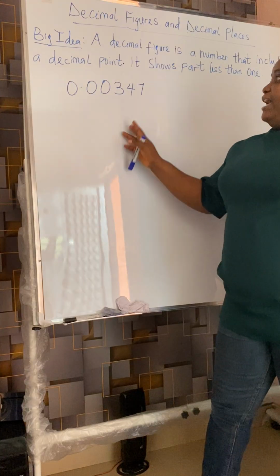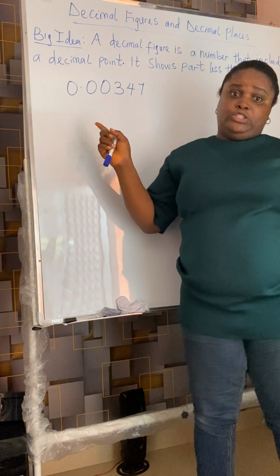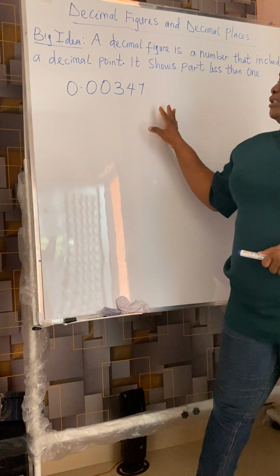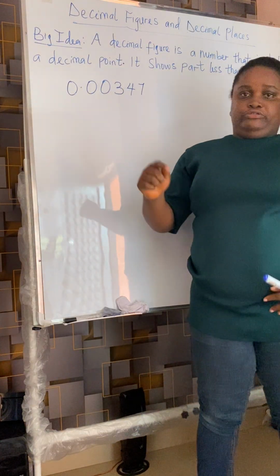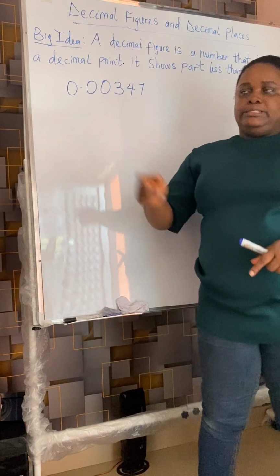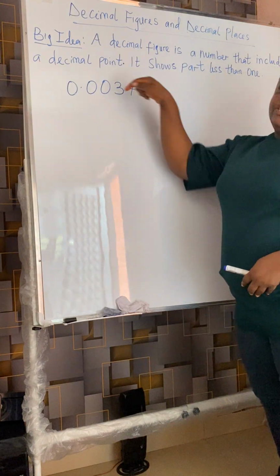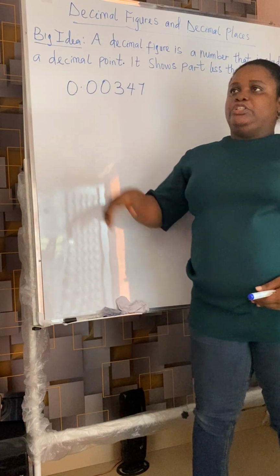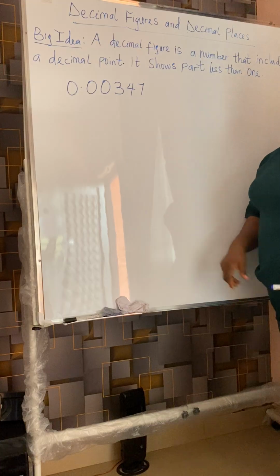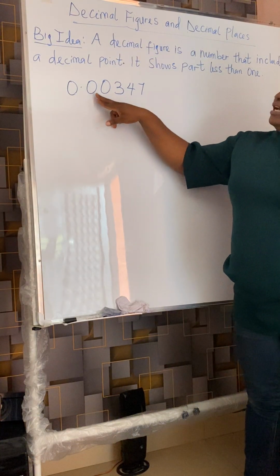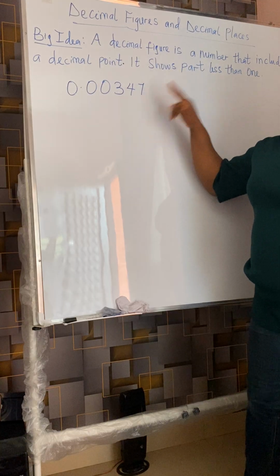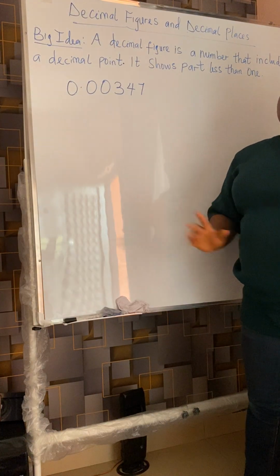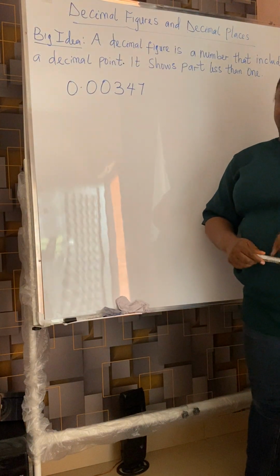Okay, so we have this decimal number, and I want to get the place value of each of the digits in this. This is a decimal figure: 0.00347.